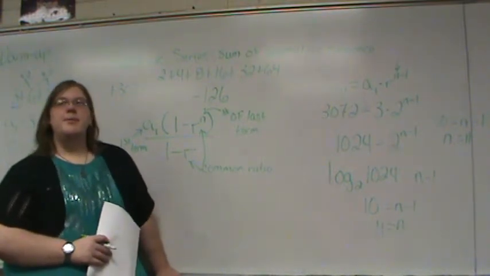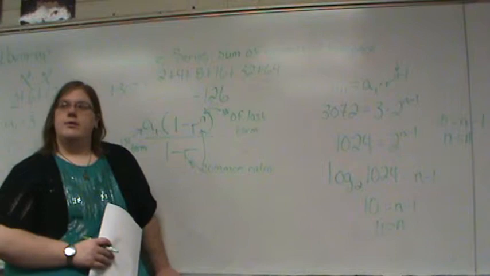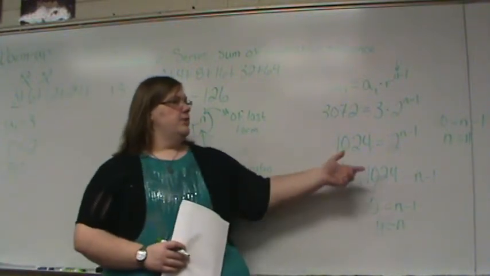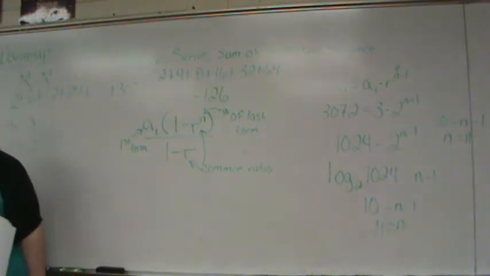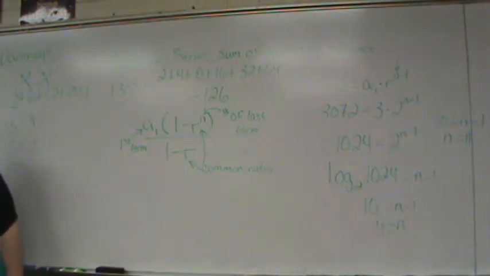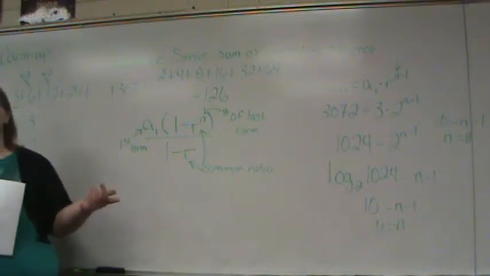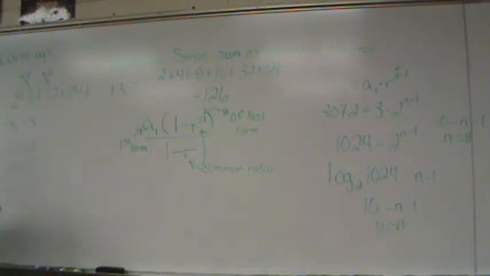So you need to be able to find that n value, whether you use the logs or you use the guess and check. I kind of hope that you know how to use the logs, but I know logs have been a while. So we just solved for our n value then. So now we know that our n value over here is 11.